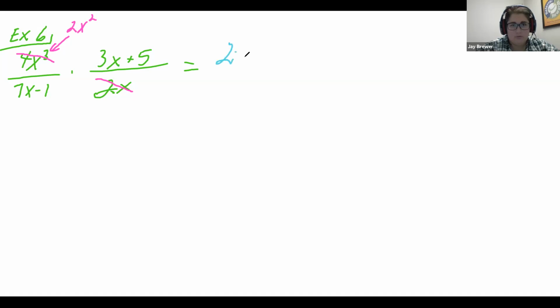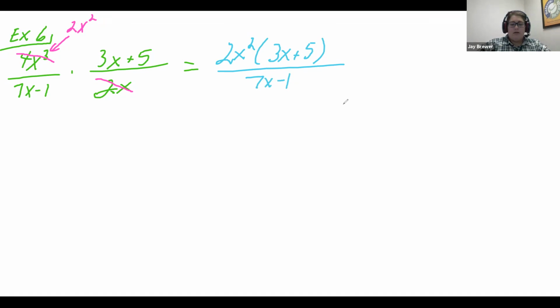So we'll have 2x squared on the outside, 3x plus 5, all over your 7x minus 1. And that's it. I do not recommend expanding, so I would not go through and do the distribution on the top.